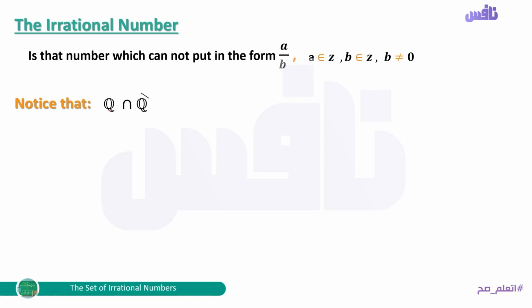So Q intersection Q dash equals phi. There is no common numbers between these two sets.